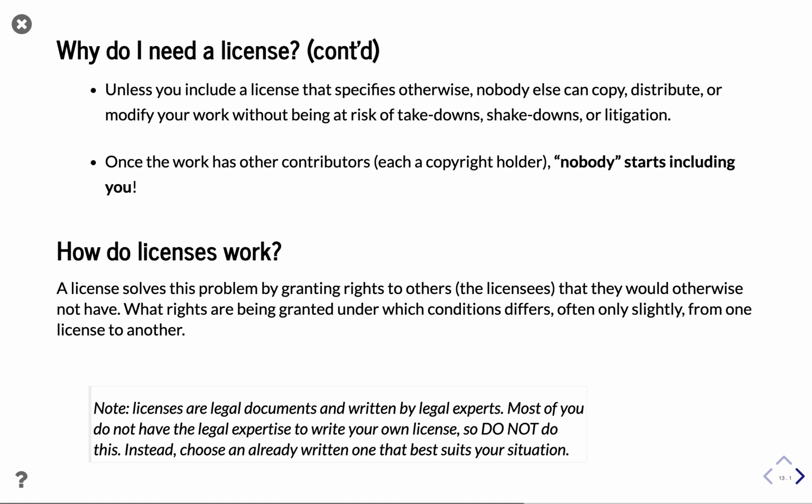We can choose an already written one that best fits our situation, and that is the most common practice for software code, and the one we recommend to you. Or if you can't find one that suits your situation, this is where you need to bring a lawyer into the situation to help you write a license that is legally correct in doing what you want it to do.